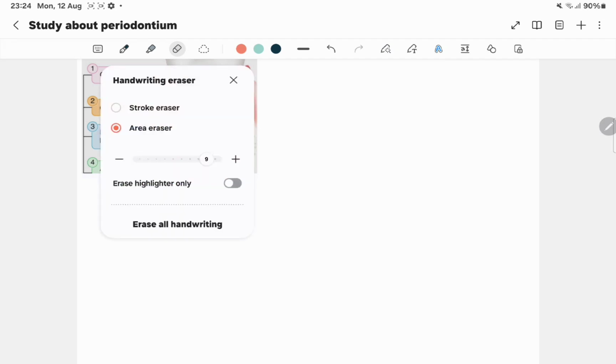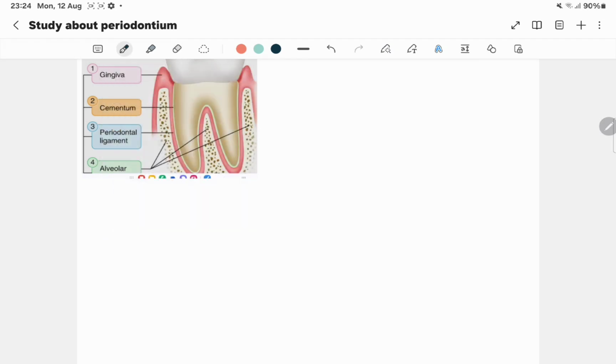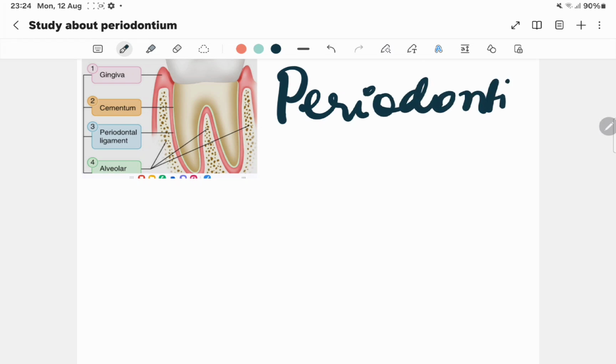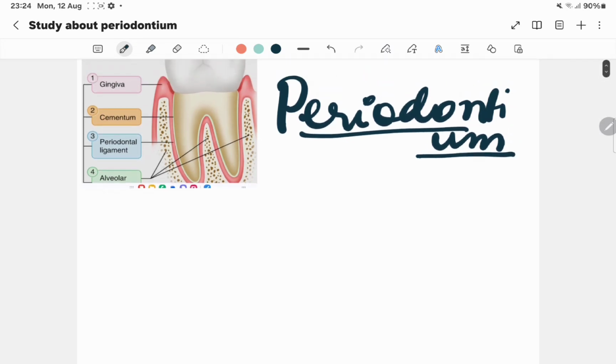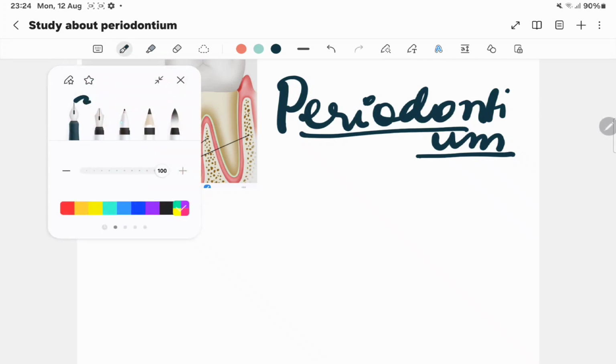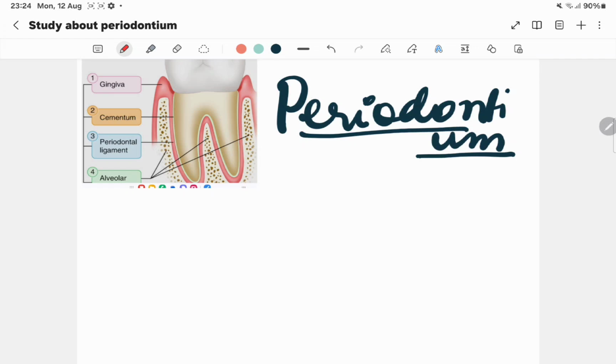Now what is your periodontium? What does it consist of? Imagine, you don't need to imagine, we have a diagram. So this is your gums, gingiva.